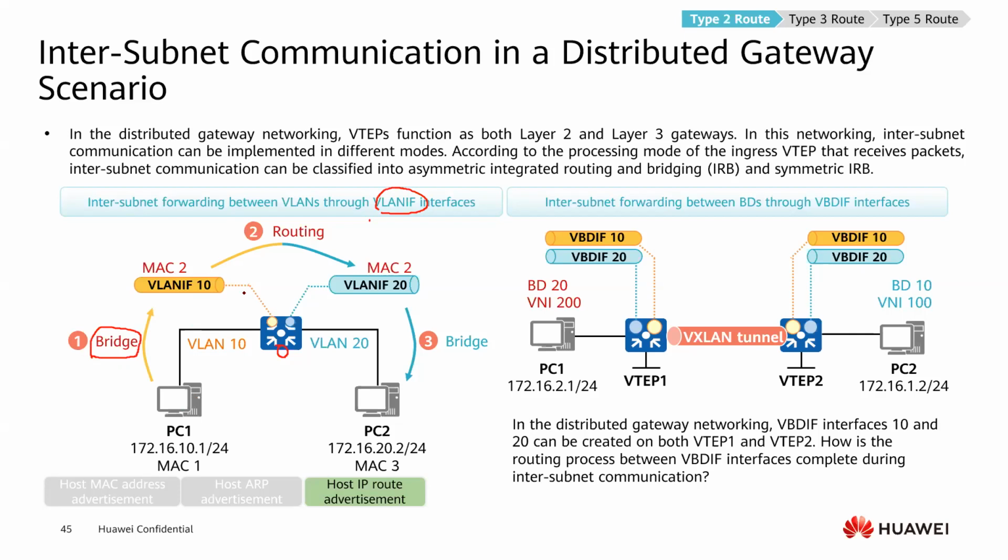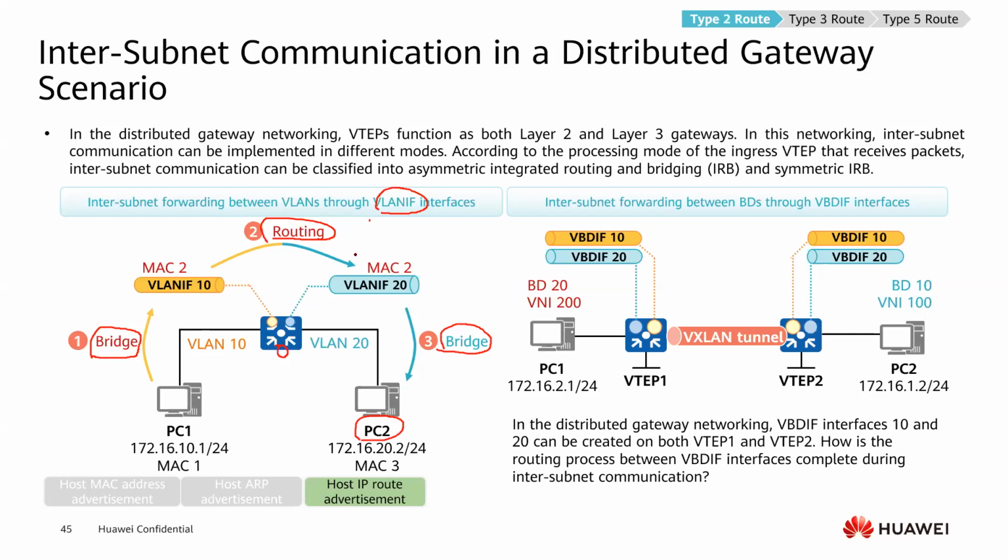And between VLANIF 10 and VLANIF 20, it is the routing process, because this switch does level 3 forwarding and checks the IP routing table. After it checks the IP routing table, it still does bridging, which means it does a level 2 forwarding information search, and it sends the frame to PC2. That is the process of inter-subnet forwarding between VLANs.